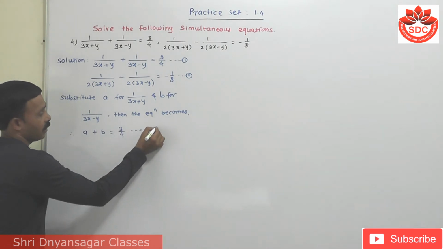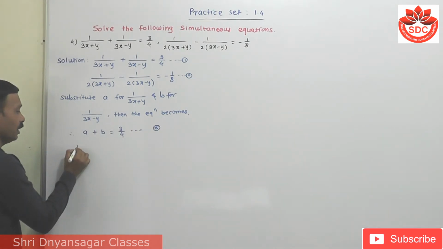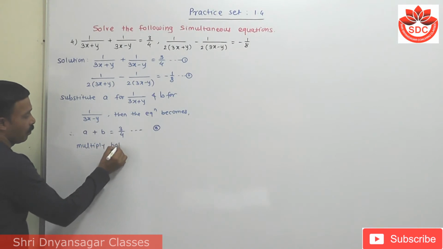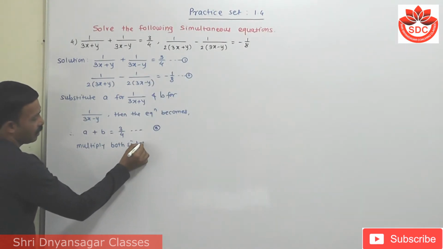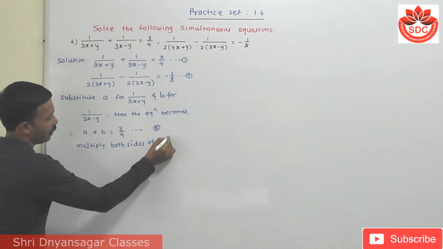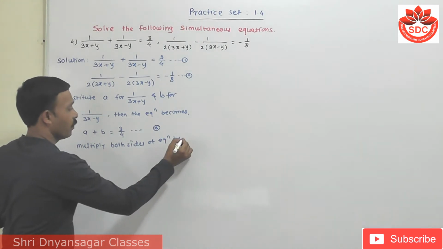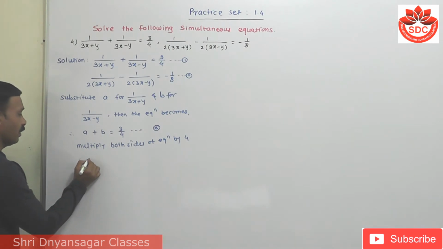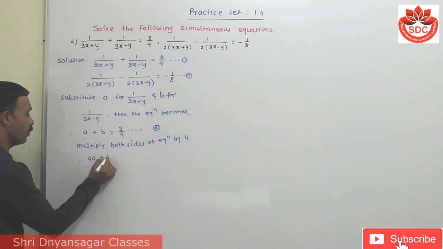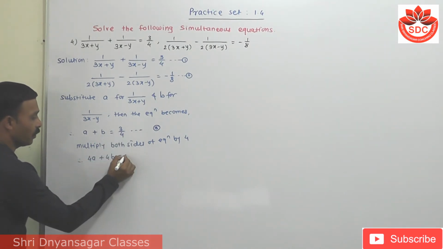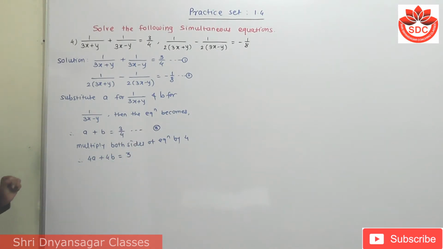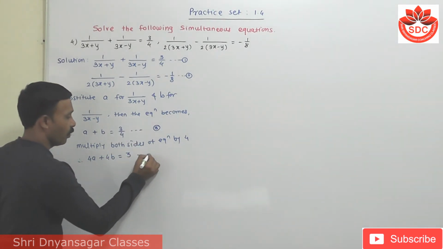So suppose that this is equation number 3rd. Multiply both sides of the equation by 4. Now therefore we get 4a + 4b = 4 gets cancelled = 3. Let this be equation number 4.